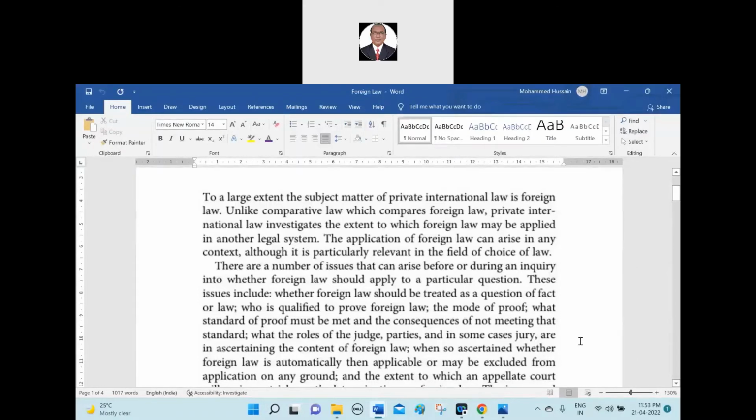If it is in contravention with the law of Tanzania, or with the constitution of Tanzania, then that law would not be applied. Foreign law could not be applied at that instance. These issues include whether foreign law should be treated as a question of fact or law. So how should we take foreign law?